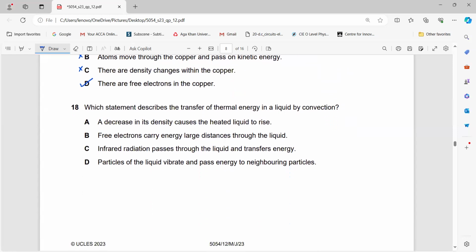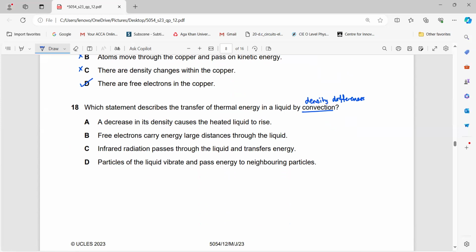It says, which statement describes the transfer of thermal energy in a liquid by convection? Whenever we talk about convection, it has to be due to density differences. Molecules closer to the heating source gain heat energy, become less dense and rise, pushing the cooler molecules towards the heating source, which then again gain heat energy, become less dense and rise, creating a cyclical movement called convection current, right?